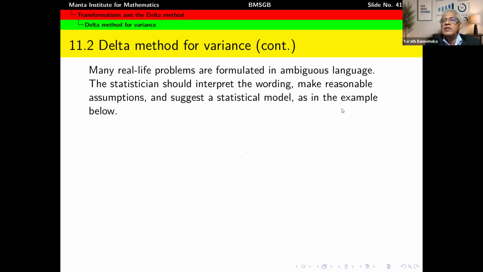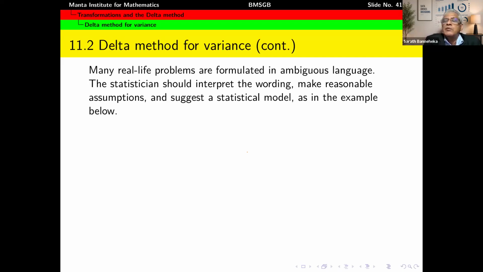Let us look at one example as the last item of this lecture. Here, we are going to look at another problem from the book. The book says that in many real life problems, the problems are formulated in ambiguous language. That is actually true, right?